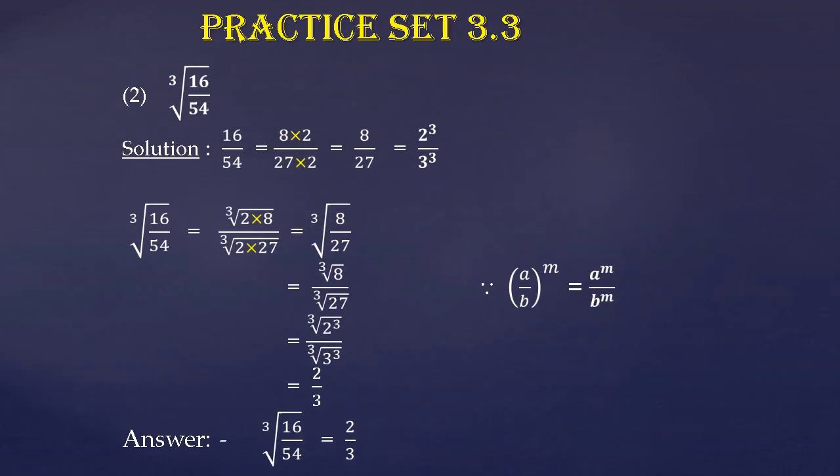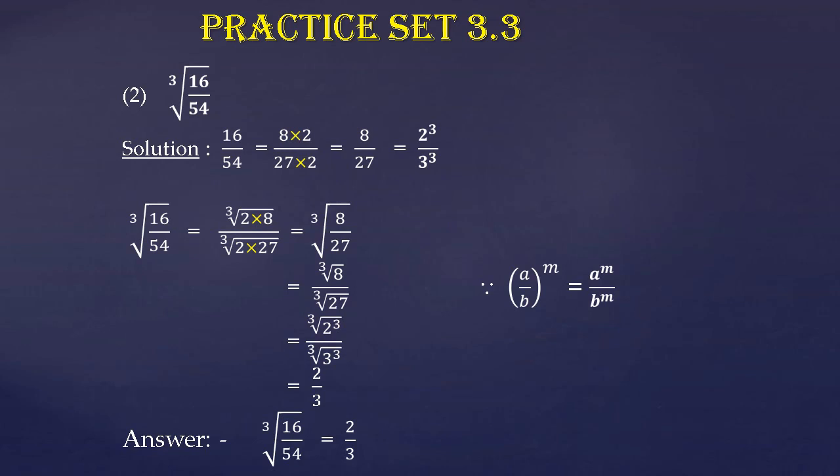Question 2. Simplify cube root of 16 upon 54. Solution. Cube root of 16 upon 54 is equal to cube root of 2 into 8 upon cube root of 2 into 27. Cancelling the common factor 2 here, we get cube root of 8 upon 27, which is equal to cube root of 8 upon cube root of 27.